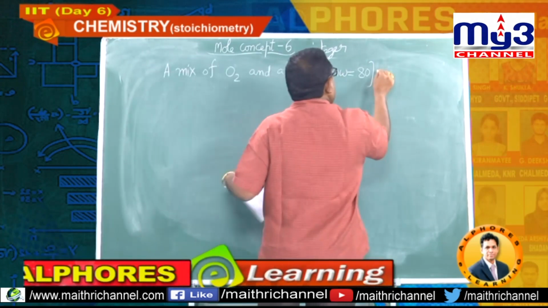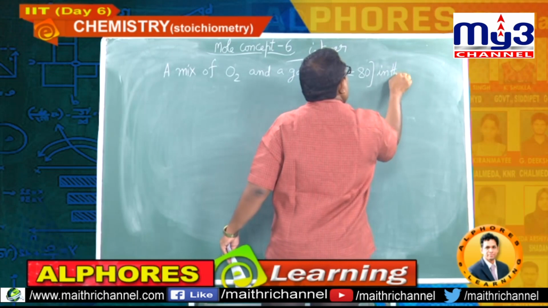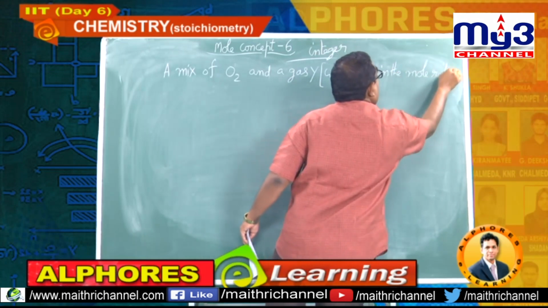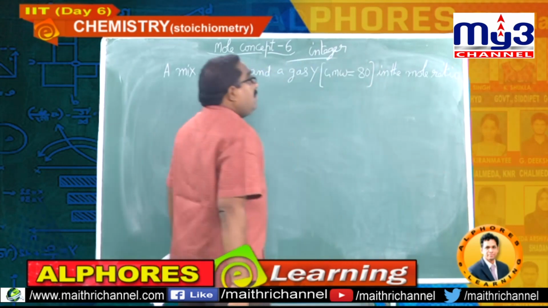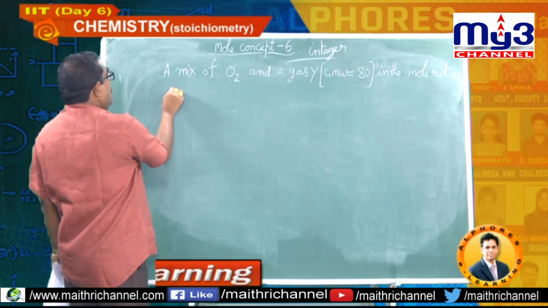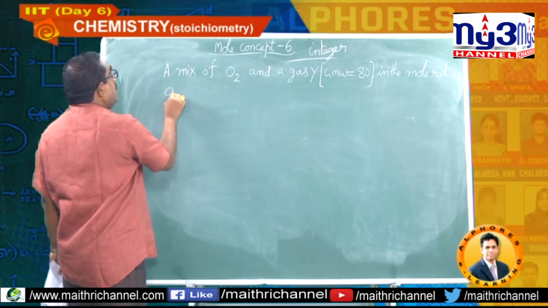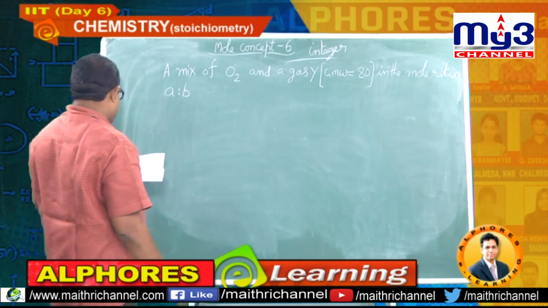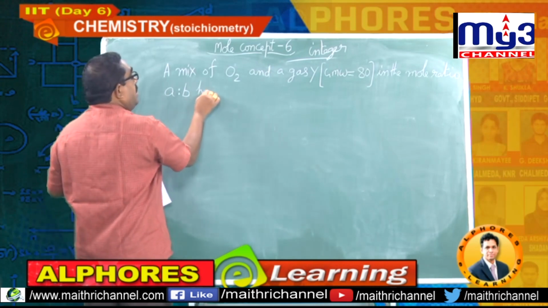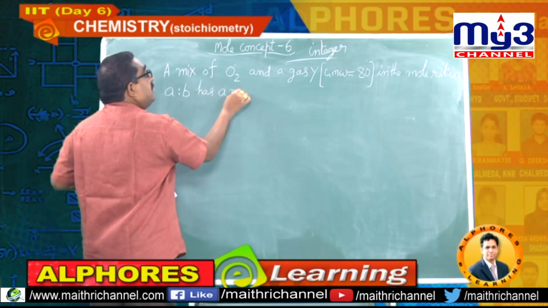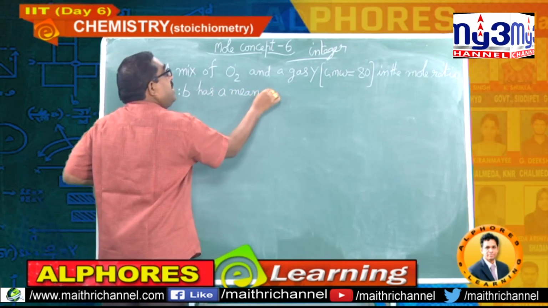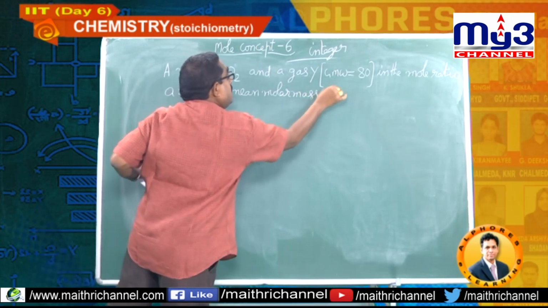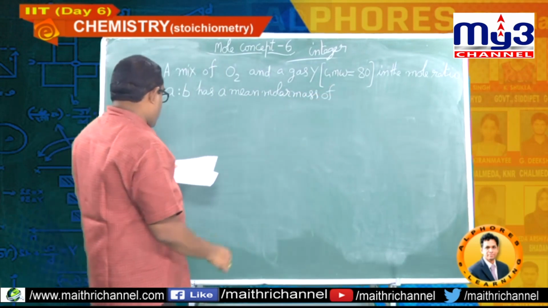In the mole ratio, A is to B has a mean molar mass of 40.